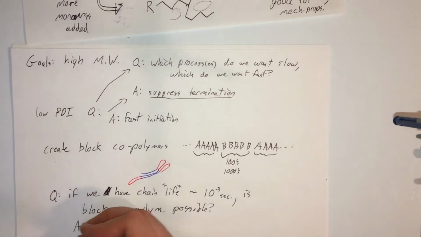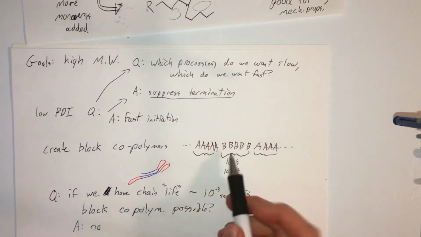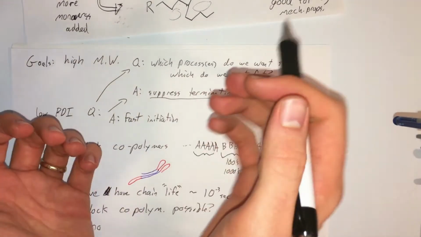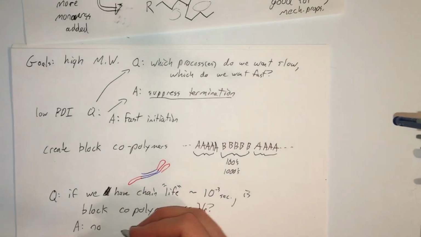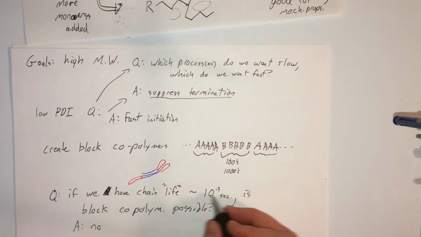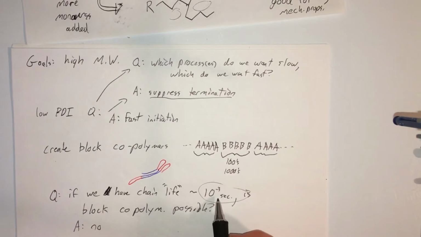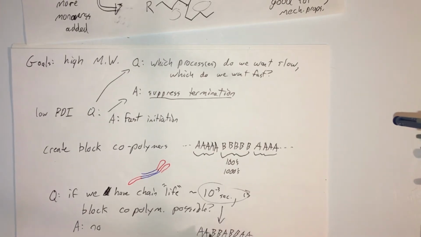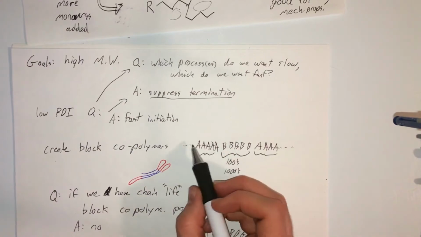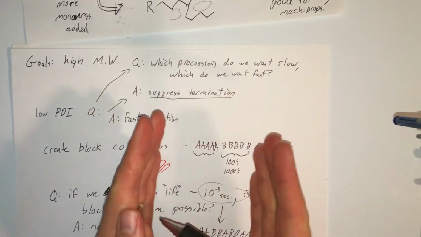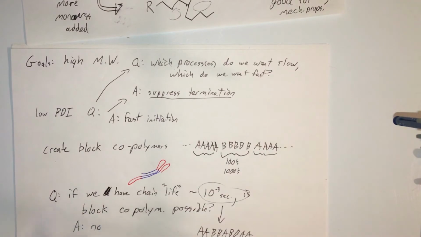The answer is no. We can still do copolymerization, right? We can still dump in a bunch of A's and a bunch of B's, but if we have short chain life, which is the case with free radical polymerization, then we might only be able to get something like A, B, B, A, B, B, A. We can still copolymerize things, but we can't get these large structures of a bunch of A's and then a bunch of B's and a bunch of A's, because the chances of this happening on its own randomly are basically never going to happen.